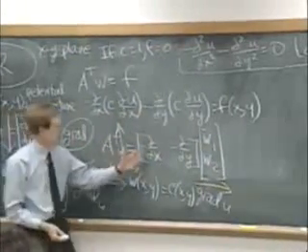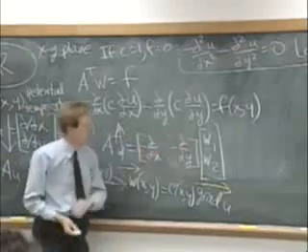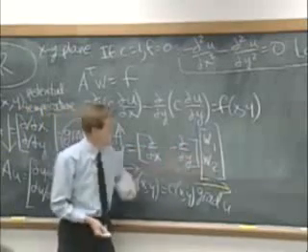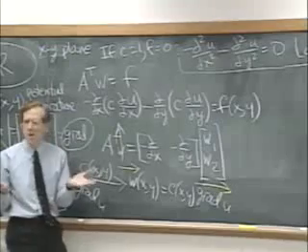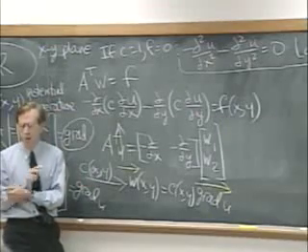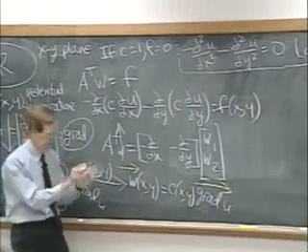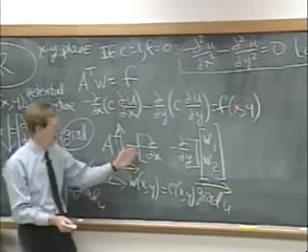And what have I done? I've taken minus d by dx of the first component, minus d by dy of the second component. And what's that called? That's a divergence. I'm taking the divergence of the vector W with a minus.